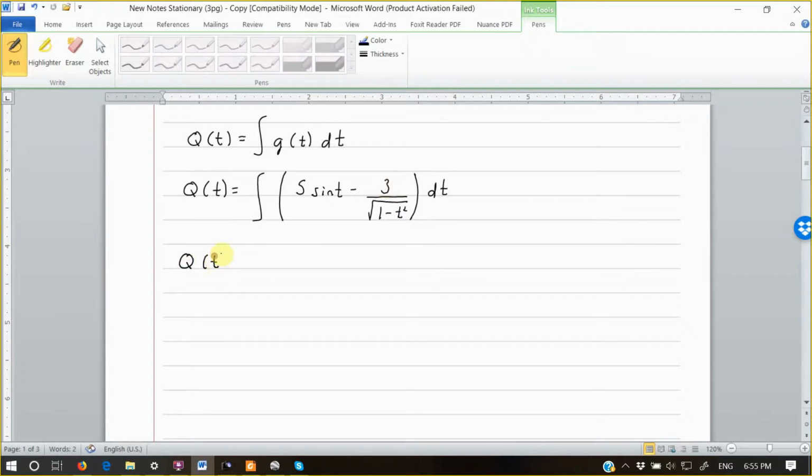The Q of t is the integral of 5 sine t dt minus the integral of 3 over the square root of 1 minus t squared dt. So then I'm going to take out the 5.